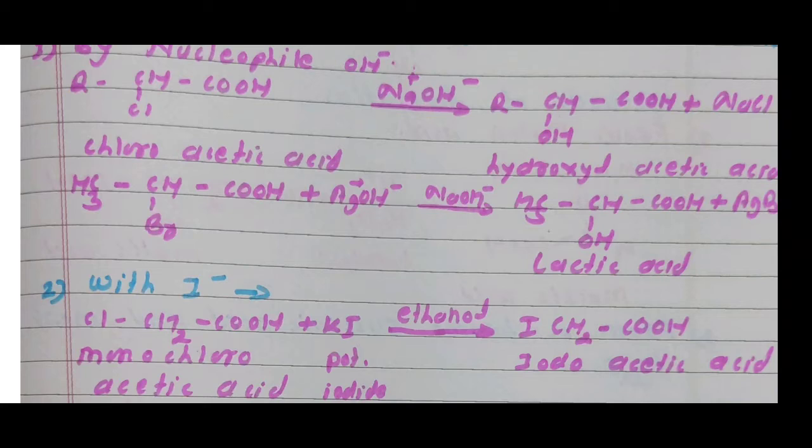Here the Br atom is substituted by the OH group, forming CH3CHOHCOOH by releasing AgBr, silver bromide. CH3CHOHCOOH is nothing but lactic acid. Means the halogen atom is replaced by the OH group. This is the first reaction of monochloroacetic acid, by nucleophile OH minus.